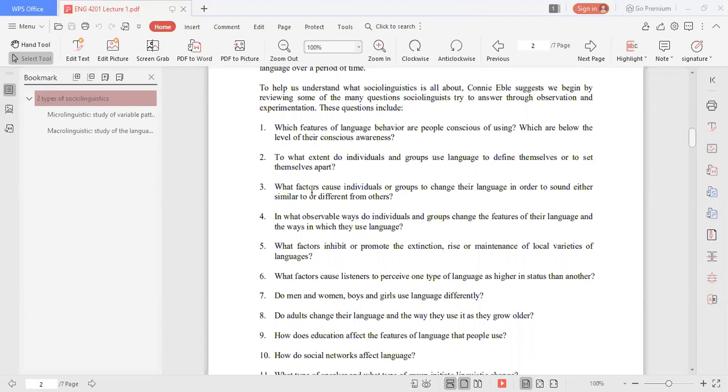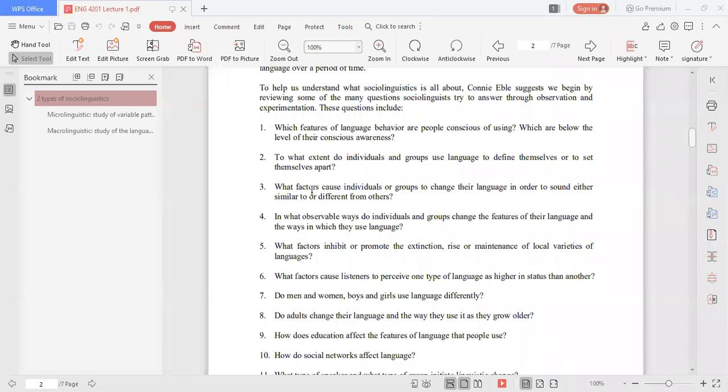Then what makes me think that her language is better than his? Or that she speaks standard English, or standard Bangla? So what are the factors that influence the listener to think that a language has higher status? I regard it as higher status by listening to that language. So what are the factors that cause me to do so?